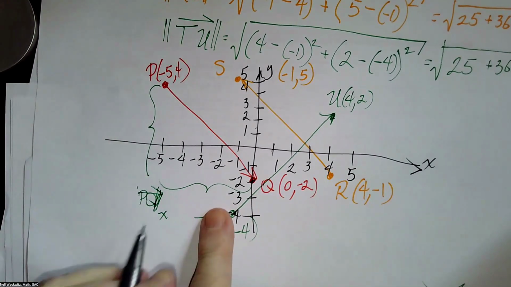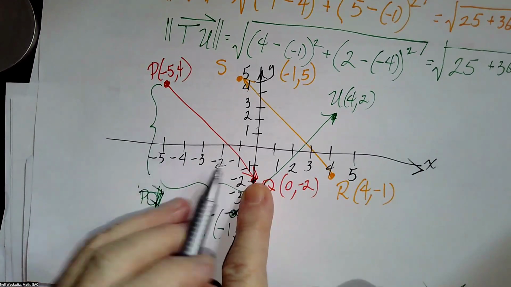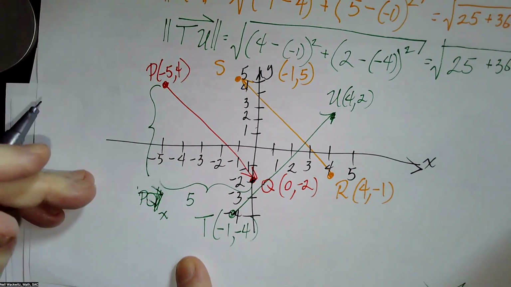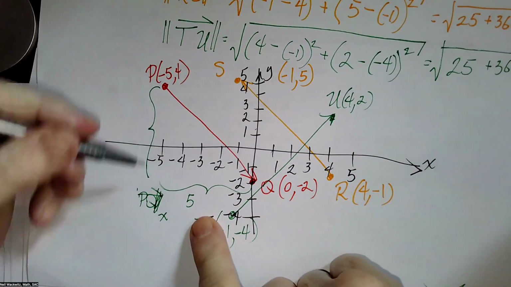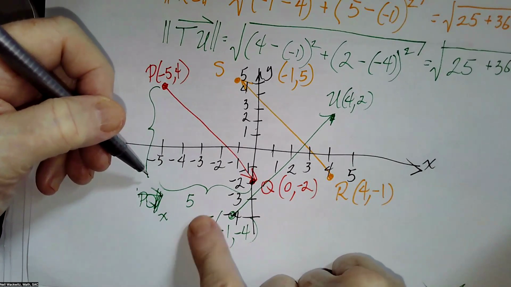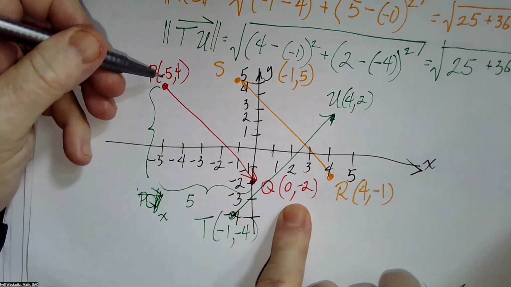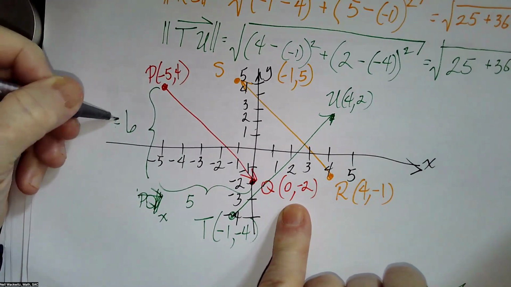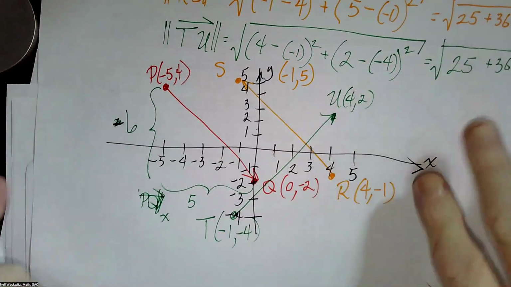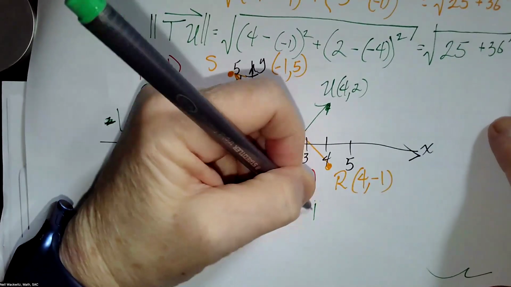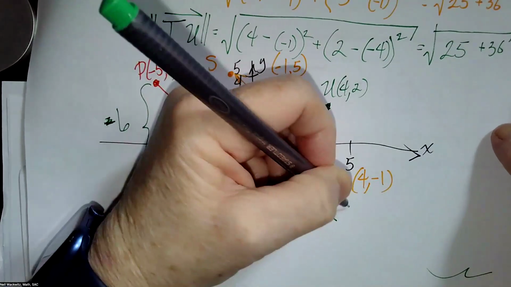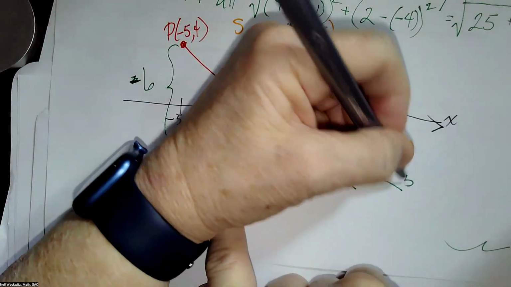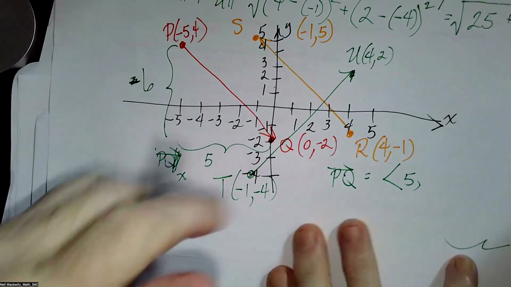PQ sub x looks like we're going 5 units, and it's in the positive direction. The y change is 4 plus 2 is 6, and it's negative, so we would say that PQ is equal to 5, negative 6.